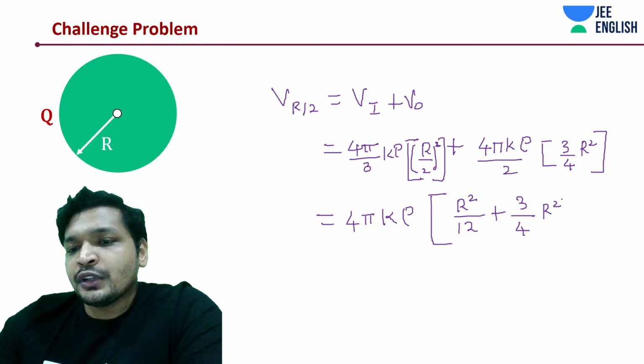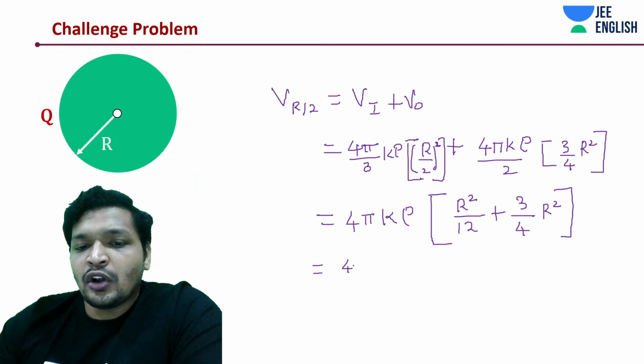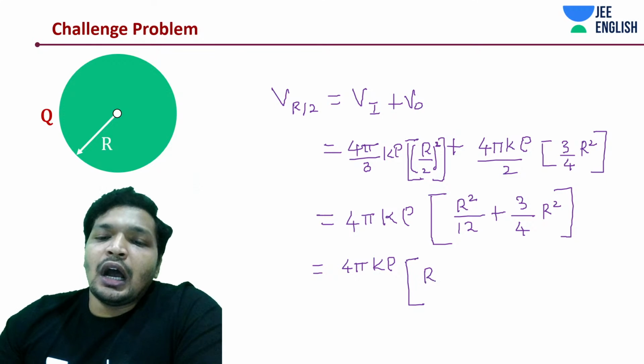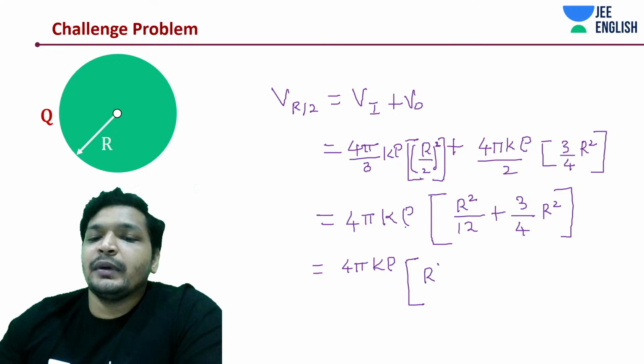And 12 is going to be the common denominator, the LCM, and then you would get something like r square by 12 plus 9 r square by 12, so it would be 10 r square by 12.